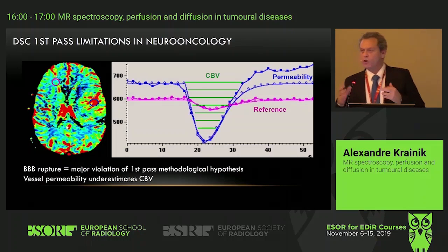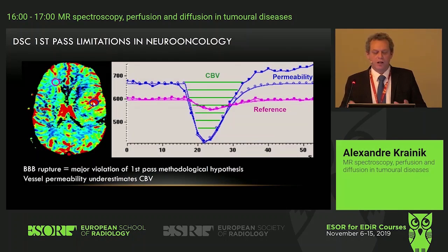Then you have to compare. You compare your major region of interest with a kind of reference, and you will calculate a ratio between your abnormal region of interest and this reference. That's why you won't talk about CBV of a tumor, but of a ratio CBV, rCBV, little r CBV.